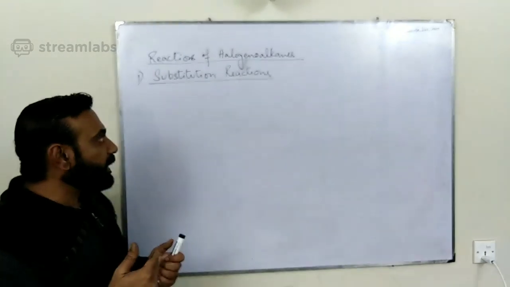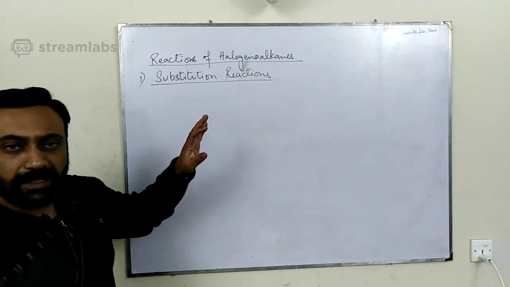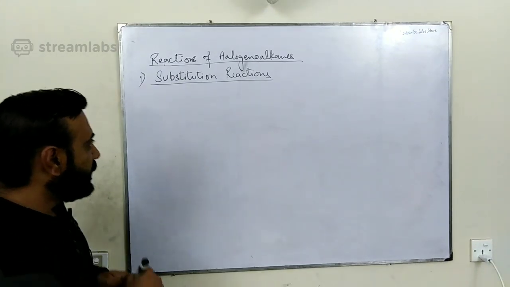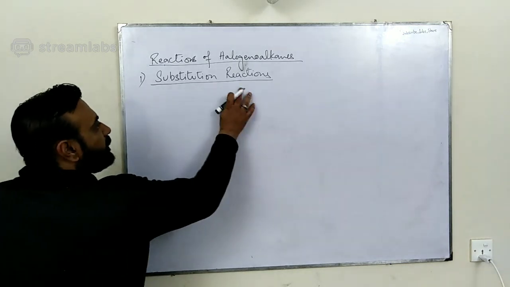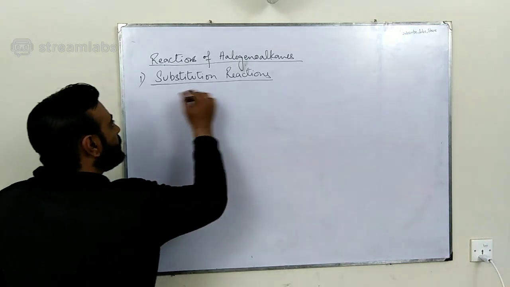Now, there are different radicals which can be substituted in halogenoalkanes. One of them is the OH group.